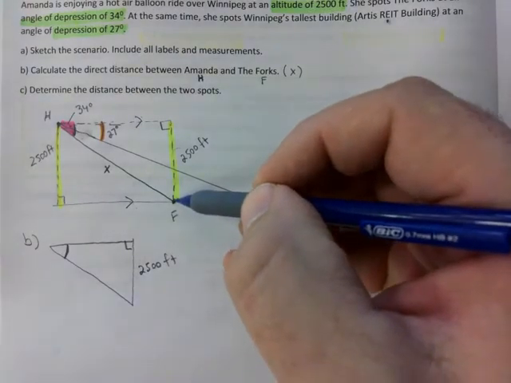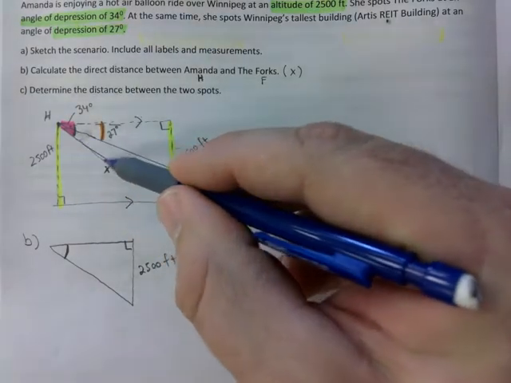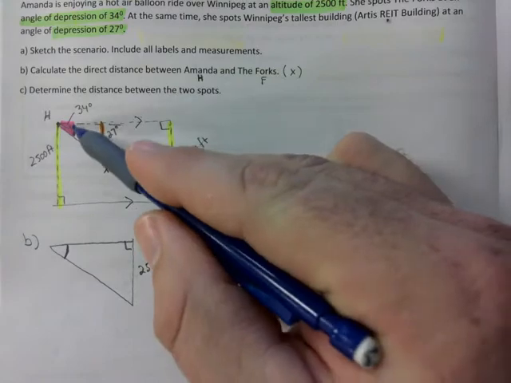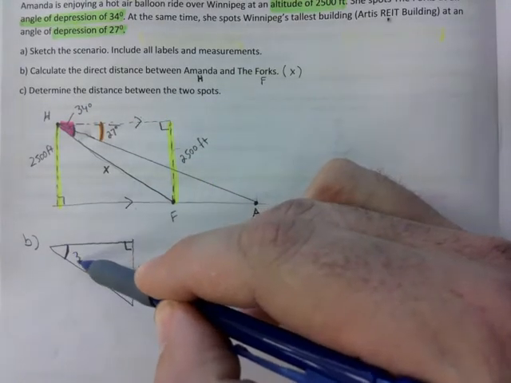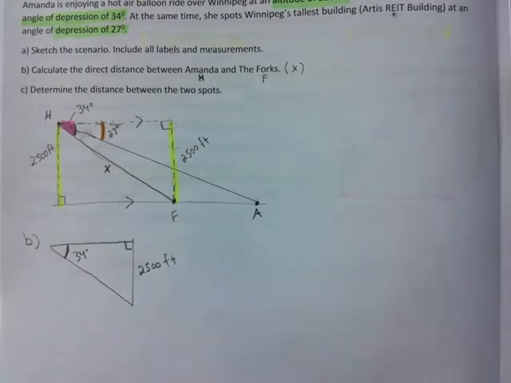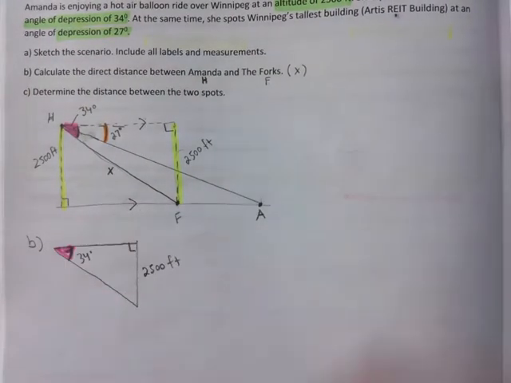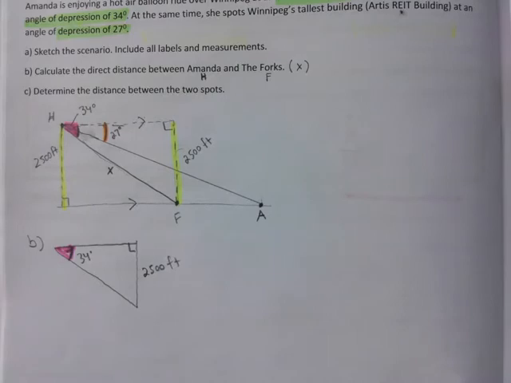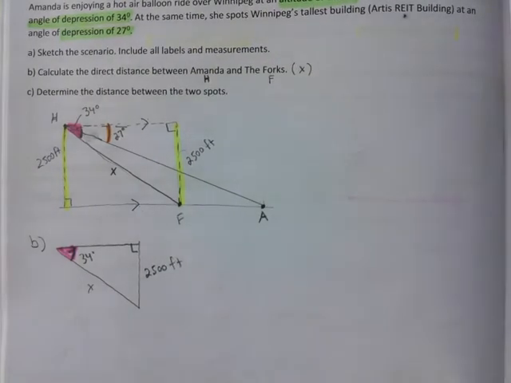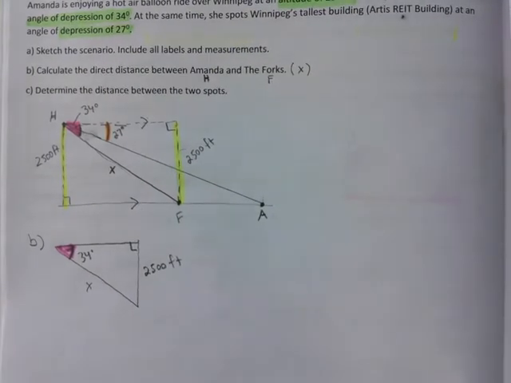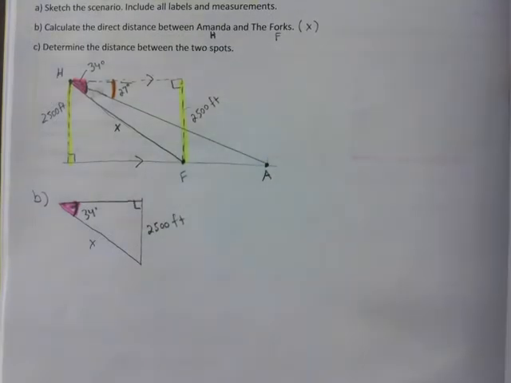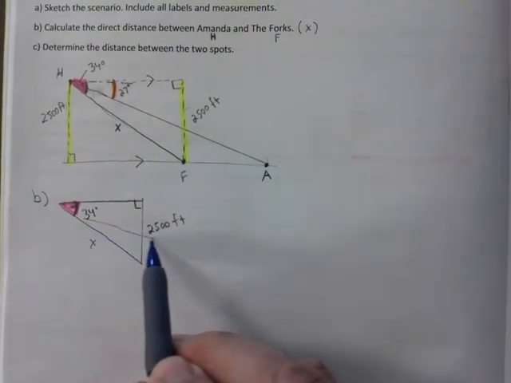If you look at this side, if this is the side you're following, then it's the 34 that comes in here. There you go, 34 is right there, and this is side X. And lo and behold, you have a right triangle.